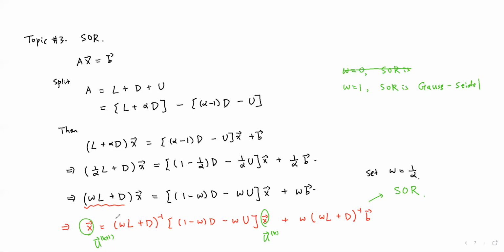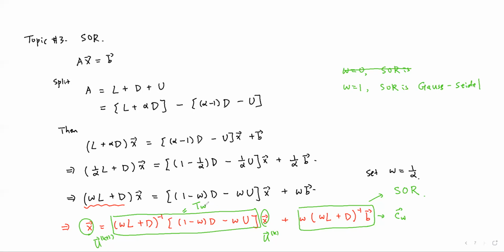Let me name this iteration matrix, according to the book, T omega, depending on omega. And of course this part, name it C omega. Now, the question is why we introduce a parameter omega?